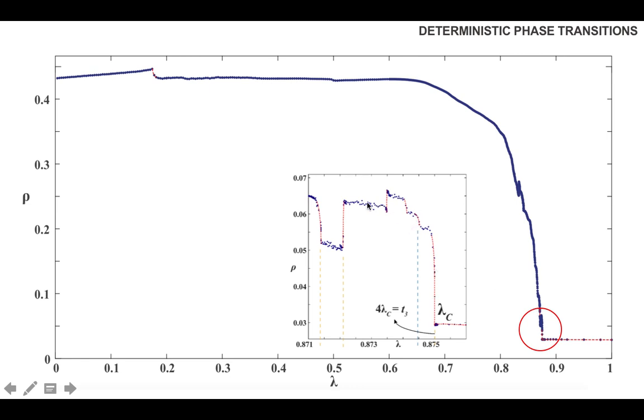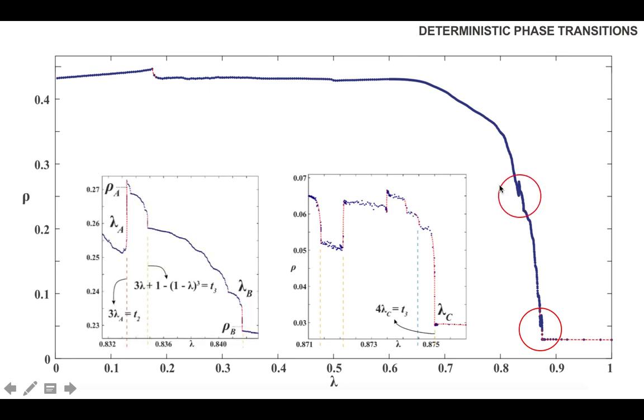There are multiple phase transitions that continue. None of these are numerical errors. All of them have good reasons to exist, and we explained why they occur at these particular points.